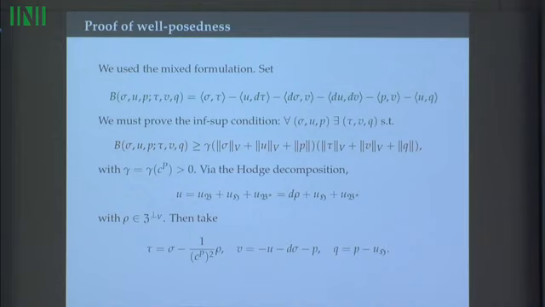How can I get control over u? Well, let's hold off on that. This is the best term for getting control over u, but this can only get control of the piece of u that's in the range of d. There's also a piece of u orthogonal to the range of d that this doesn't see. So we'll have to somehow get that from the other terms. So let's hold off on that.